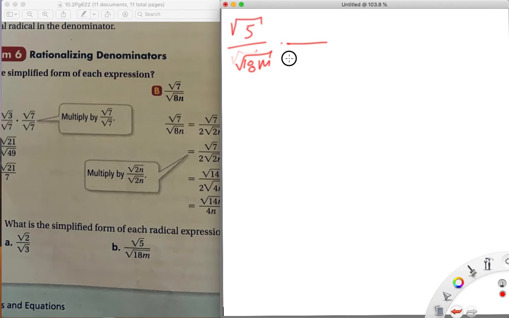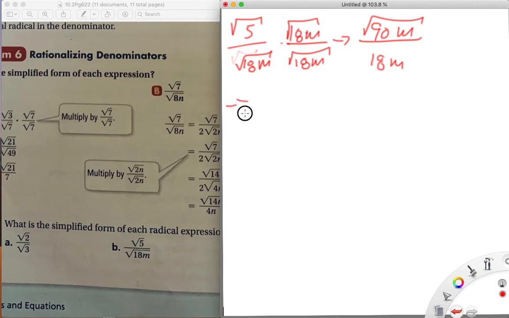Multiply top and bottom by 18m. 5 times 18 is 90. 90, I believe I can factor out a 9.